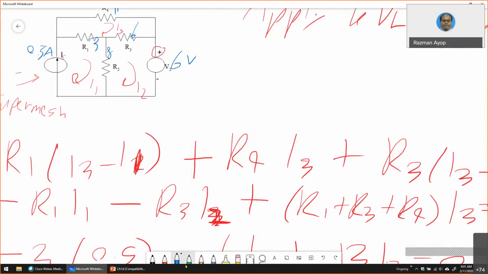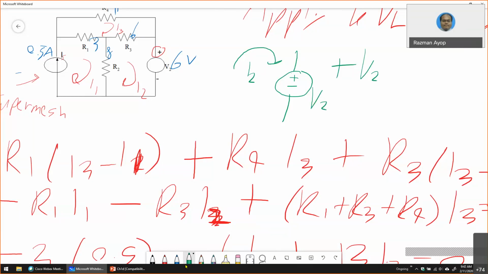For V2. We meet the positive, shouldn't we put negative 6 volt? No. If we do the loop here, if we meet positive, it is positive; if we meet negative, it is negative. Only for nodal analysis you have to flip it. For mesh analysis, you have to follow.